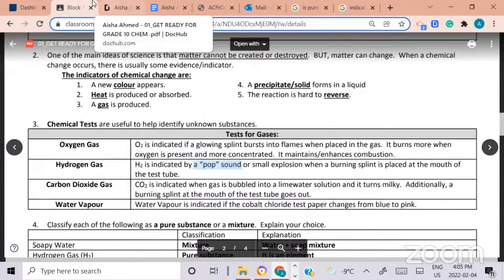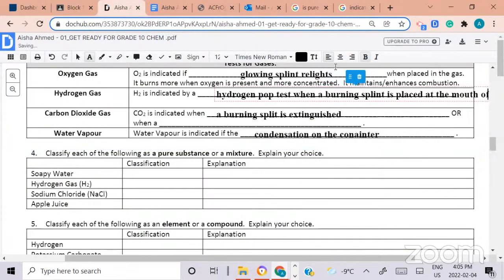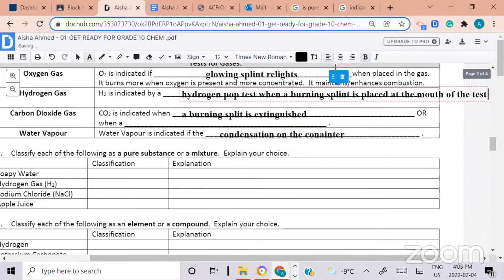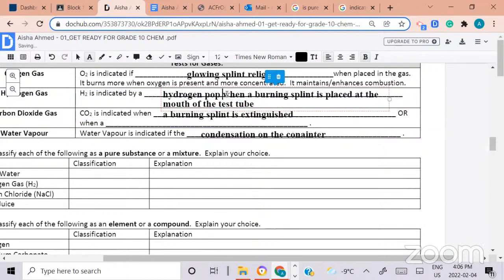Okay, right, instead of hydrogen pop test, when a pop noise is indicated by a pop noise. So get rid of hydrogen, just to make it more grammatical. So pop noise when a burning splint is placed at the mouth of a test tube, awesome.